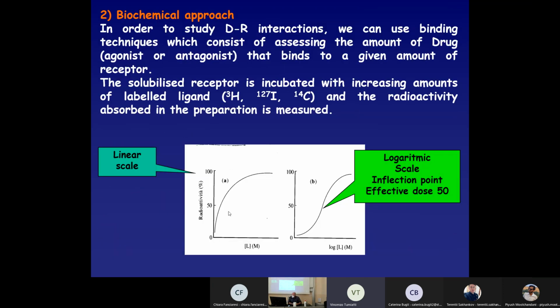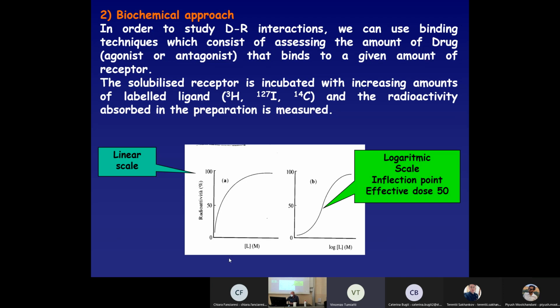In this way, we have information about the ability, the capacity of specific ligand to interact with a specific receptor. But also in this case, the curve is not accurate. In this case, we have on the y-axis radioactivity, you see, and concentration on the x-axis.